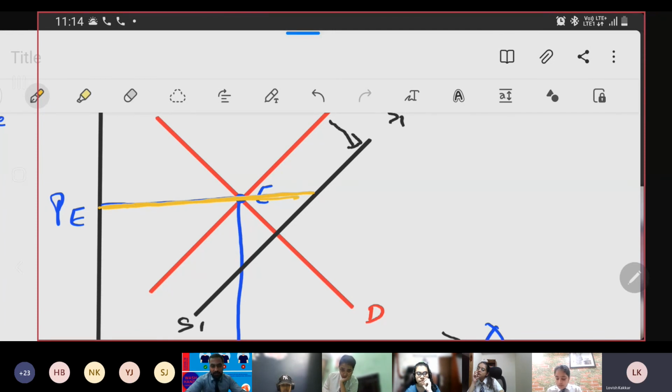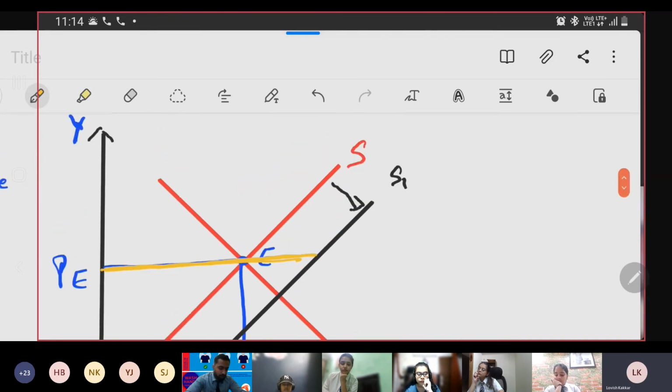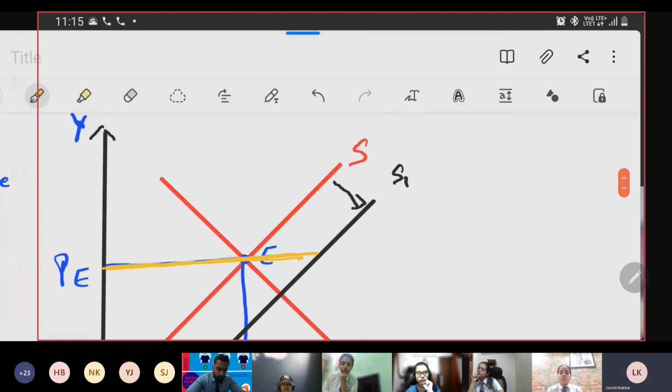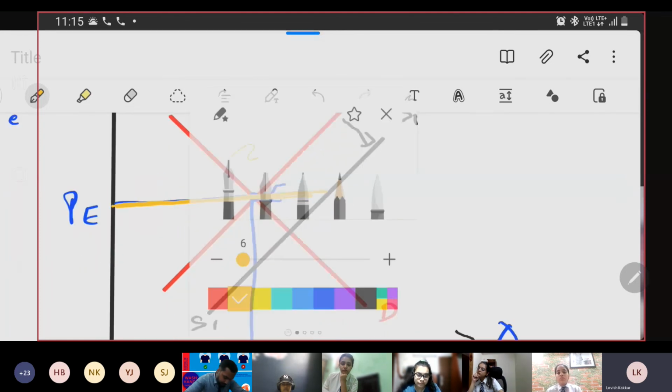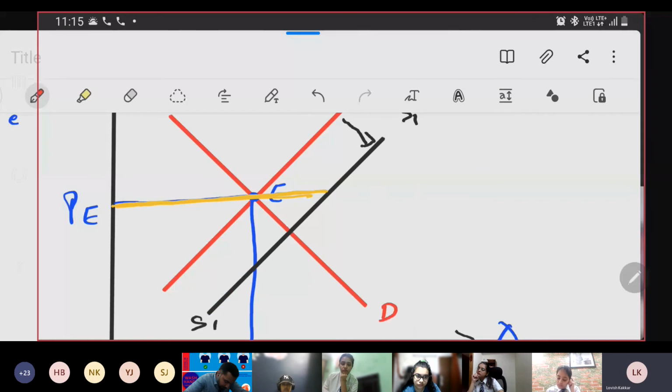This red supply curve again does not exist now. Why? Because there is a shift in supply curve from S to S1. So the old supply curve does not exist now. It is not useful to us now. So this orange portion, this is the supply, and this price line is meeting the demand curve at this point. So red portion is the demand and the orange portion is the supply.